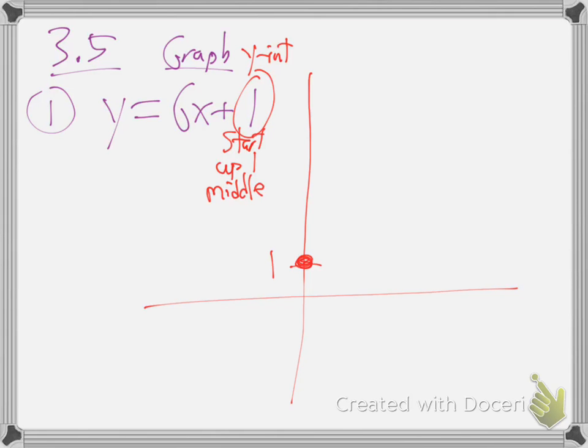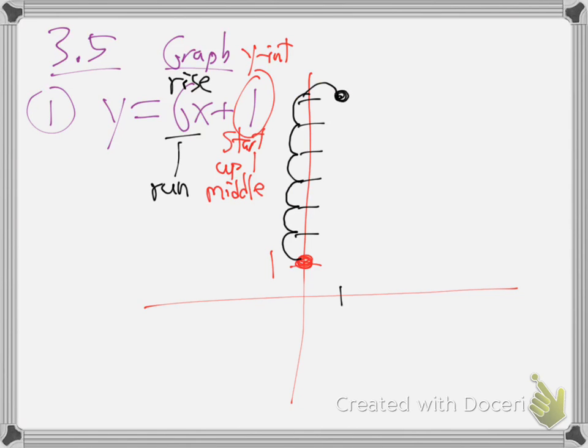All we need is one more dot, right? 2 dots. We got it. How do we find the second one? Yeah, we rise 6, 6 over 1. Just put that whole number over 1. Rise over run. So 1, 2, 3, 4, 5, 6, and over 1. Like that.